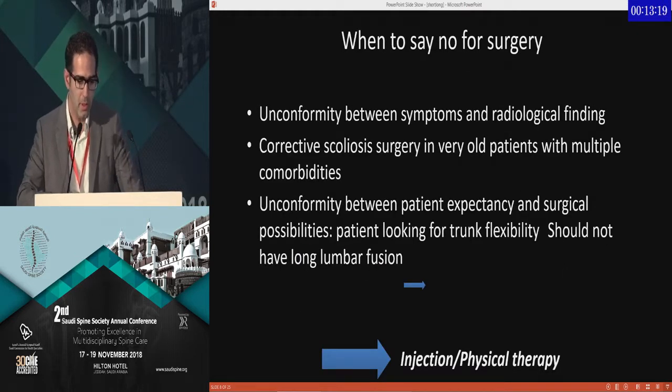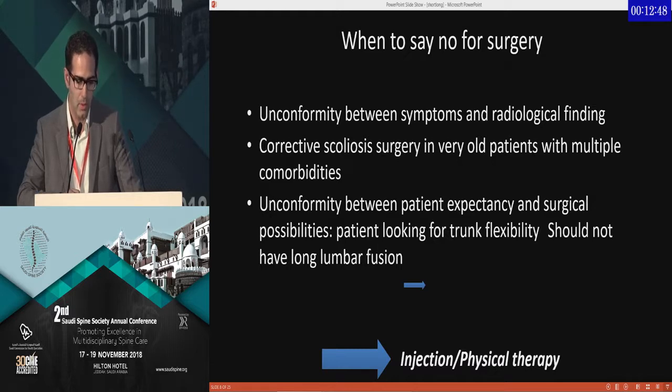So when to say no for surgery? If there is a kind of unconformity between the symptoms and the radiological findings, such as a patient having an important complaint, but you don't see an important compression of the nerves, or you need to do a corrective scoliosis surgery in a very old patient with multiple comorbidities, or if there is an unconformity between the patient expectancy and the surgical possibility.